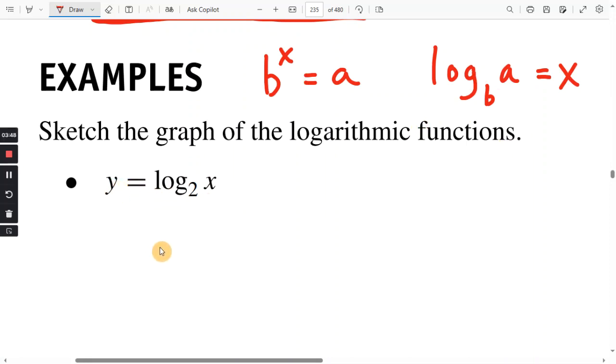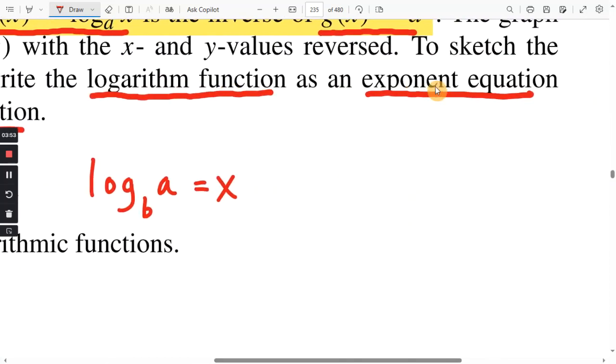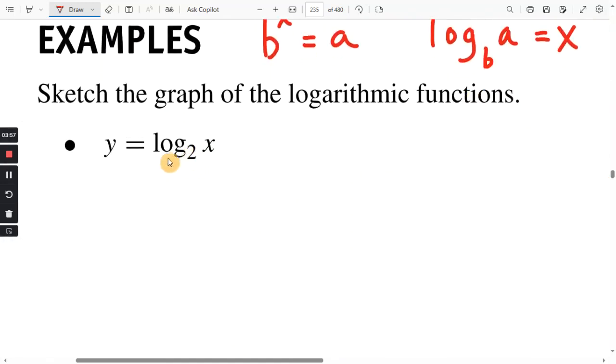We said in the notes we're going to rewrite the log function as an exponent equation, so that's what I'm going to do. This right here is base 2. So I'm going to make this the exponent on the number 2. And on the other side of the equal sign, that is going to be the exponent on the y.